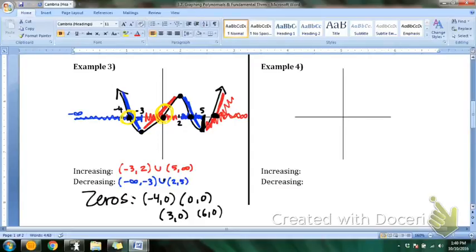So let's do one more quick example of increasing and decreasing. I want you to try to see if you can do this one on your own.